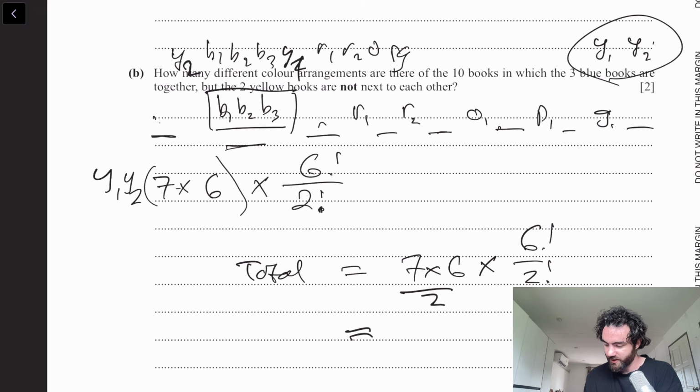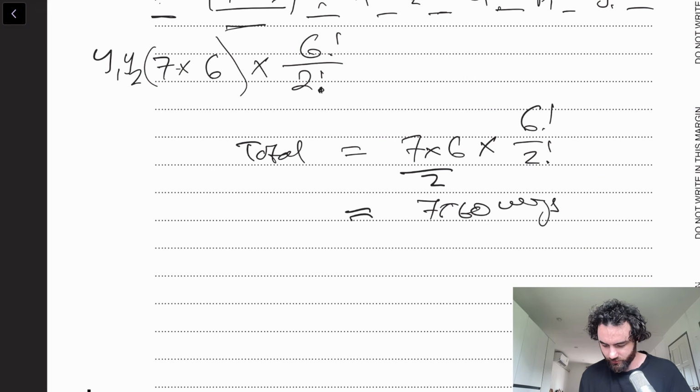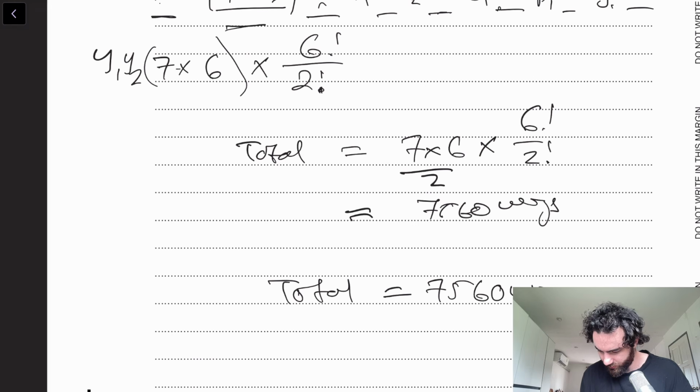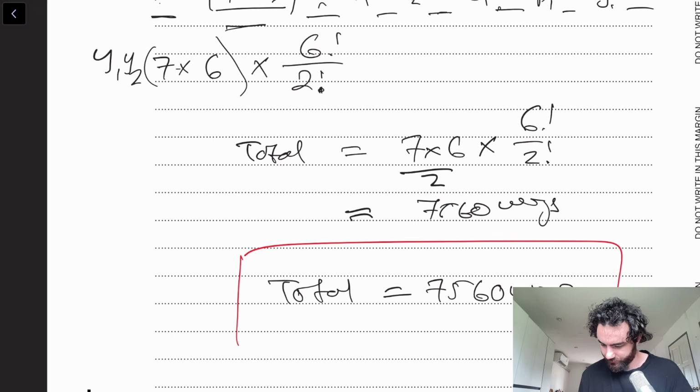So 7 times 6 divided by 2, times 6 factorial divided by 2, is 7,560 ways. So the total is 7,560 ways.